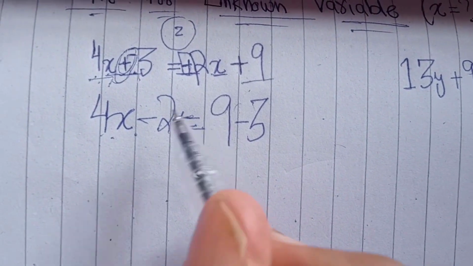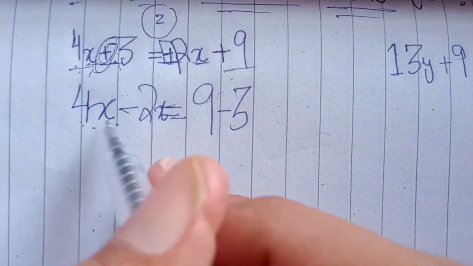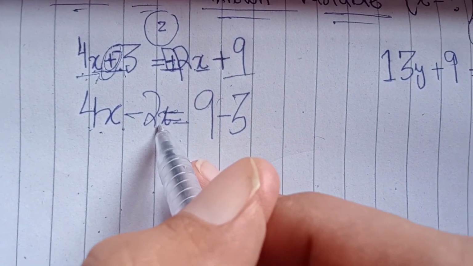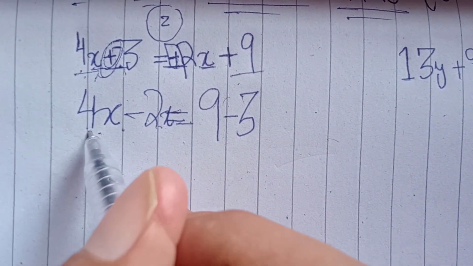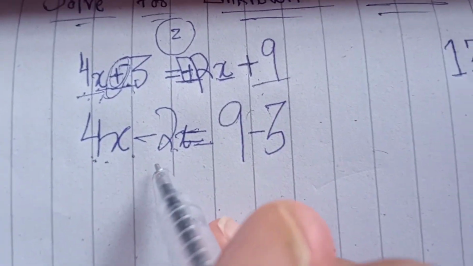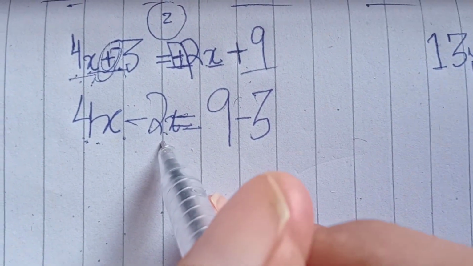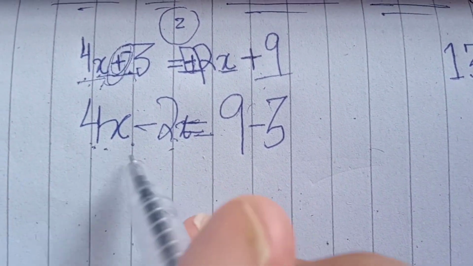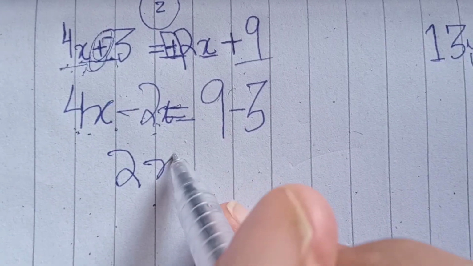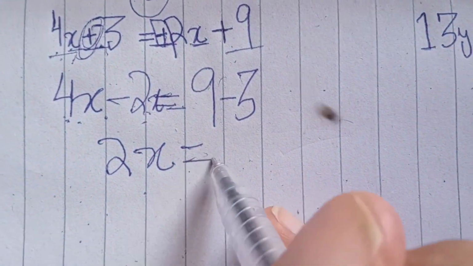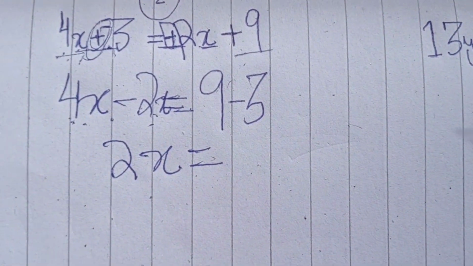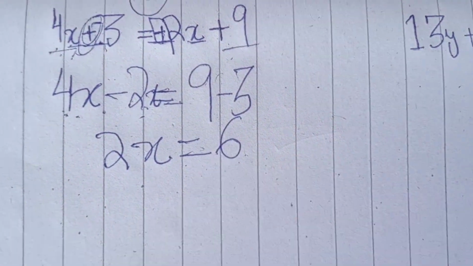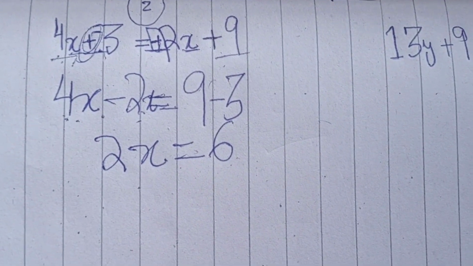Now 4x minus 2x means 4 apples minus 2 apples, so it will become 2 apples, 2x. On the right hand side we have 9 minus 3. 9 minus 3 means 6.